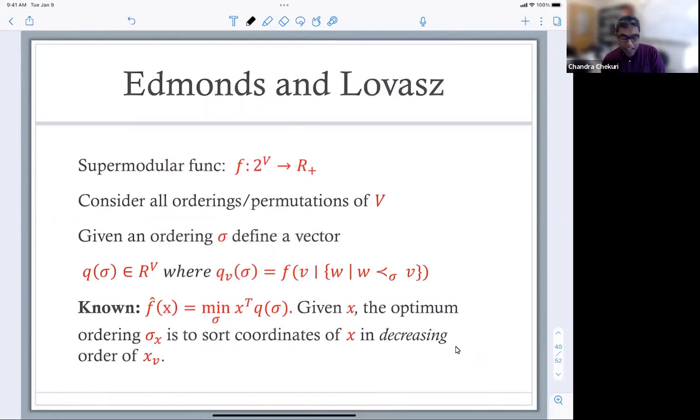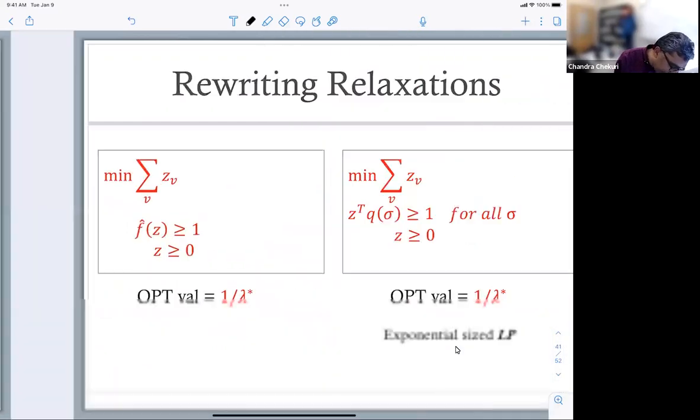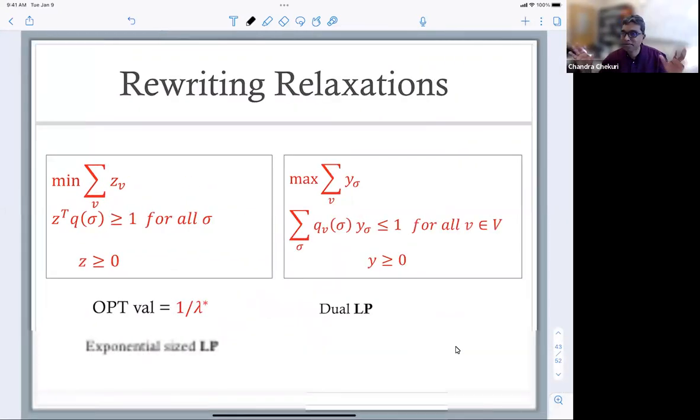That is to say, you can rewrite the Lovász extension, which was natural for us in the first step, as a minimization over all possible permutations of the ground set of this function q sigma times x transpose. So we can rewrite the concave program as a large linear program.